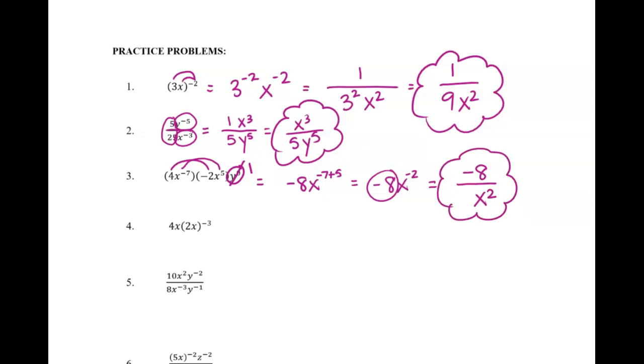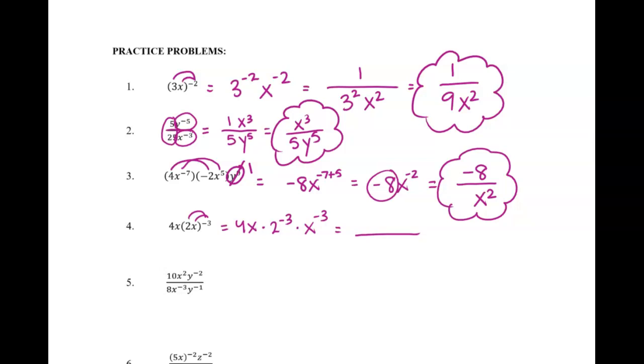For the next one, I'm going to distribute the negative 3 first. You could go in a different order. So I'm going to keep the 4x, and then we have 2 to the negative third, and we have x to the negative third. So what I'm going to do is make a fraction bar, because whenever I have negative exponents, I'm going to need a fraction at some point.